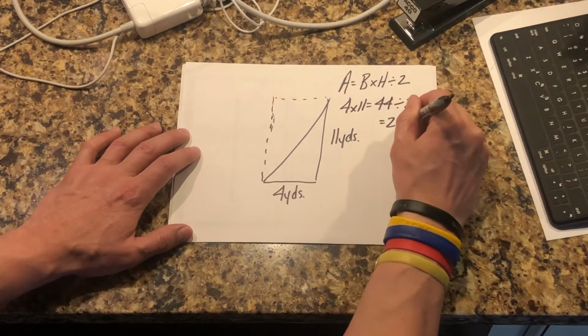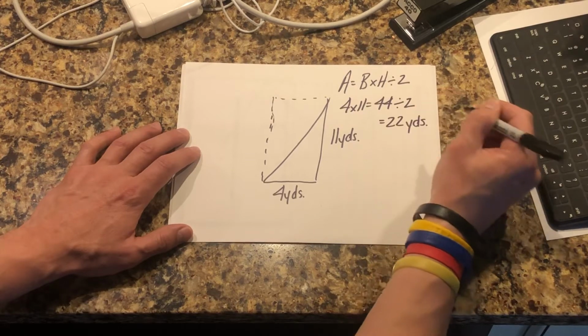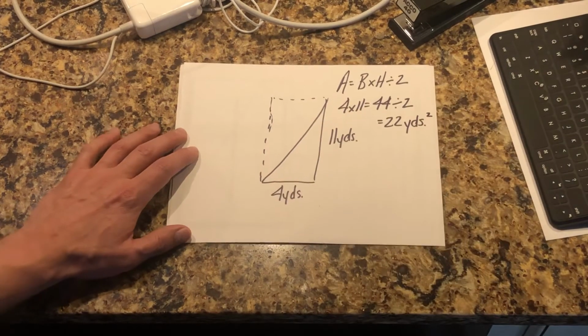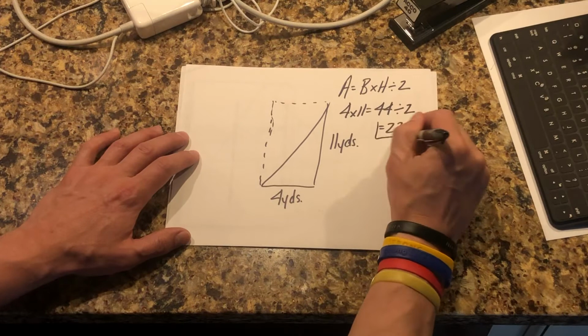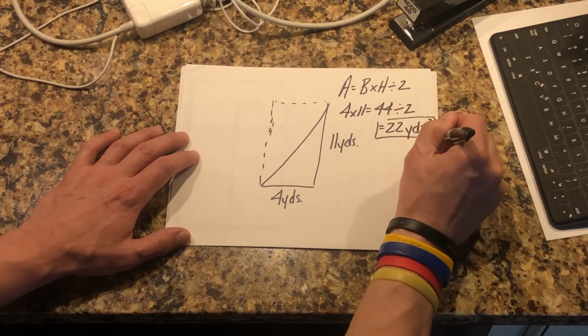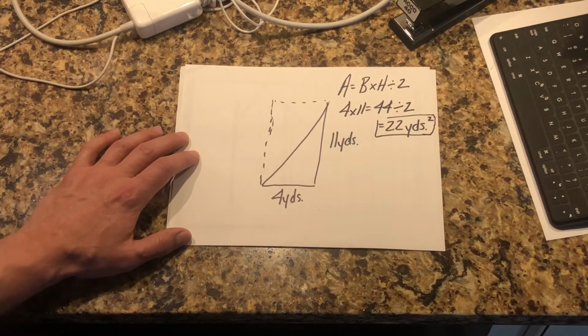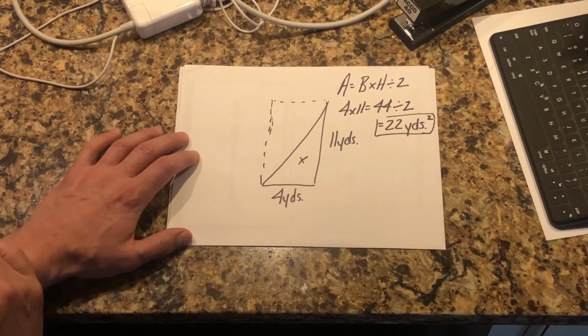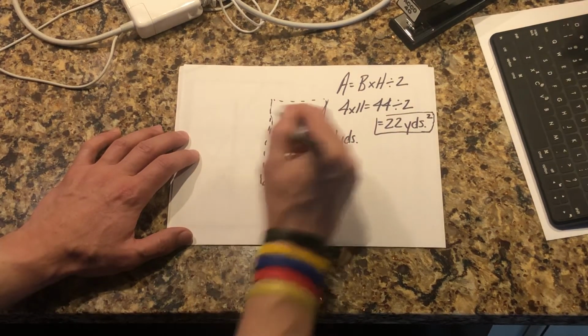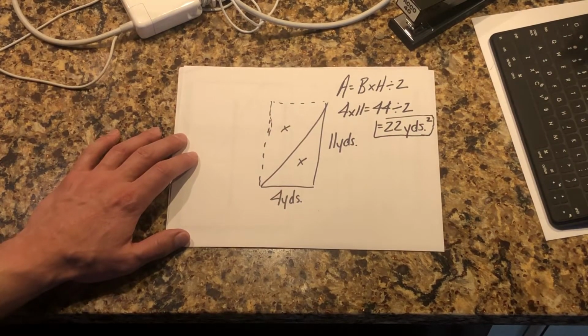My label for this problem is yards, and since we're finding area, I need an exponent of 2. So the area of this triangle is 22 yards squared, and the area of that one would also be 22 yards squared.